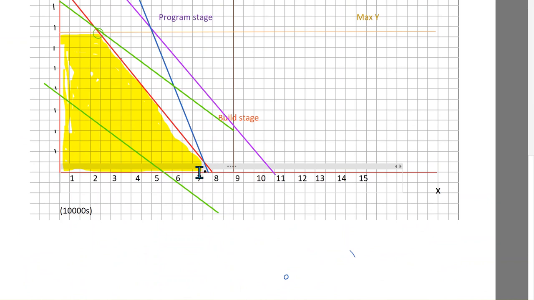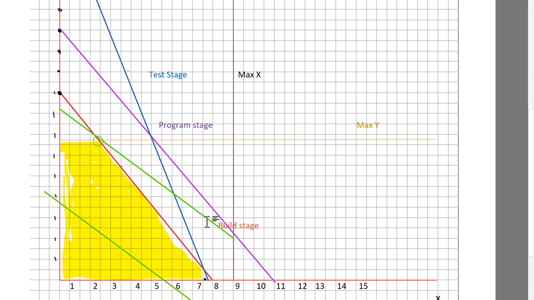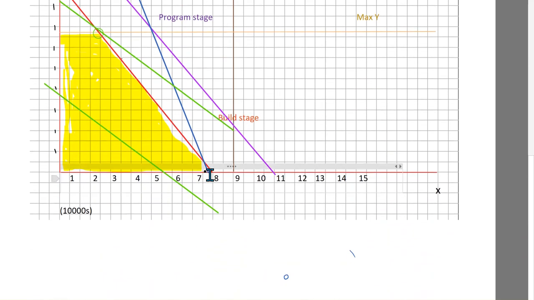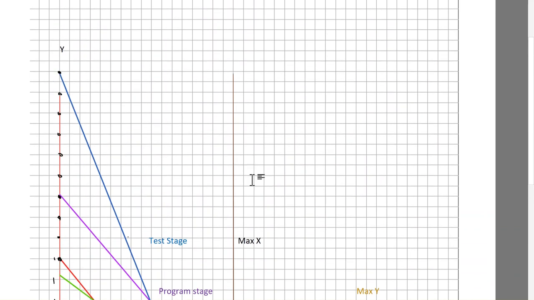If here is 70,000, here is 75,000, around here would be 72,000, somewhere here. And then if we have 120,000 here, 130, 40, 50, 60, 70, 80. So from 72,000 units of x to 180,000 units of y.